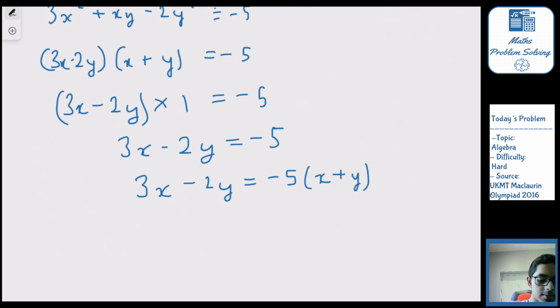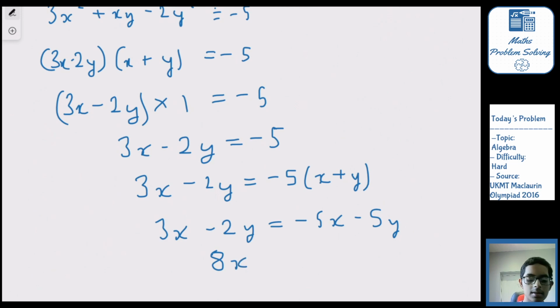So now let's simplify this a bit. 3x minus 2y equals minus 5x minus 5y. Now let's add 5x to both sides. So we get 8x plus 3y equals 0.